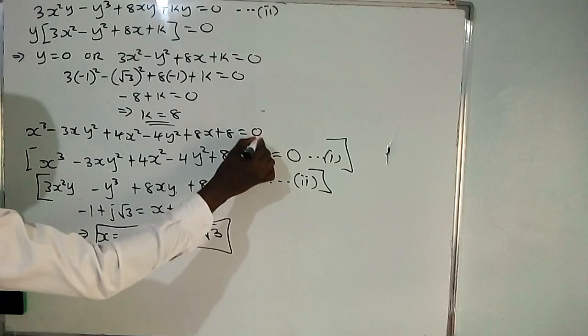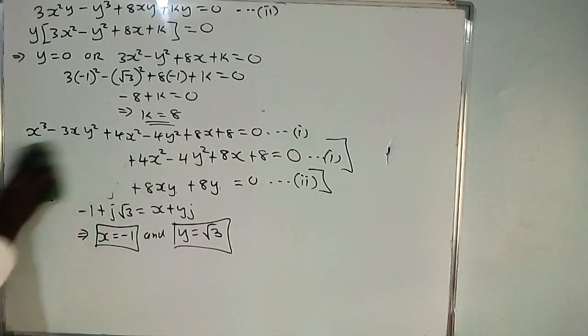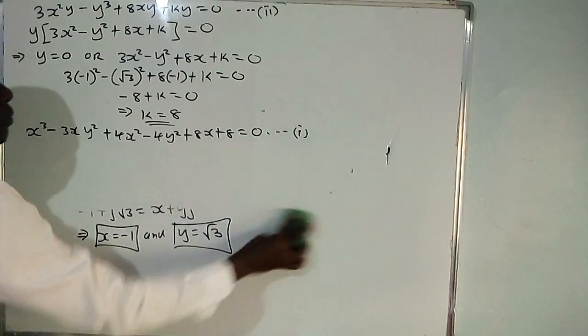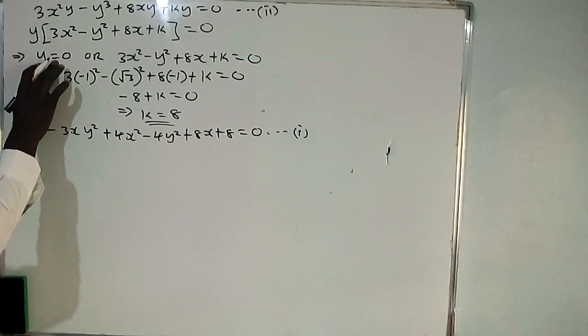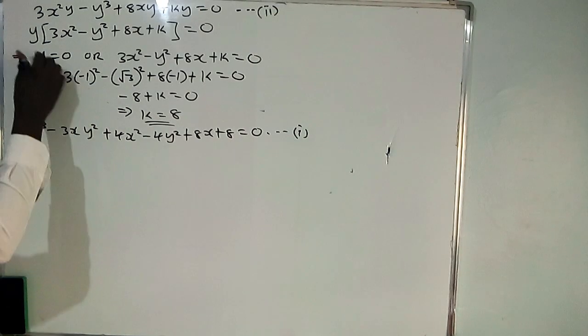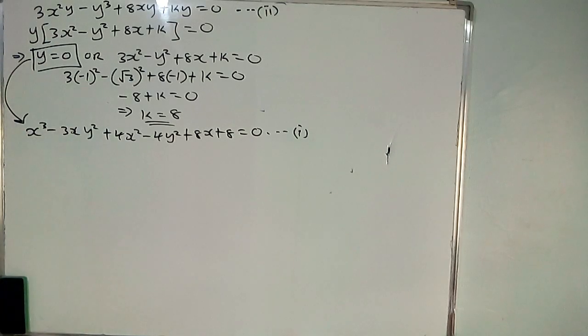Are we together? Remember, we have equation 1 and equation 2. And from equation 2, we found that y is equal to 0, isn't it? So if y is equal to 0 in equation 2, we use this value of y in equation 1, not in the same equation 2, but in the other equation, when you are solving simultaneous equations by substitution.